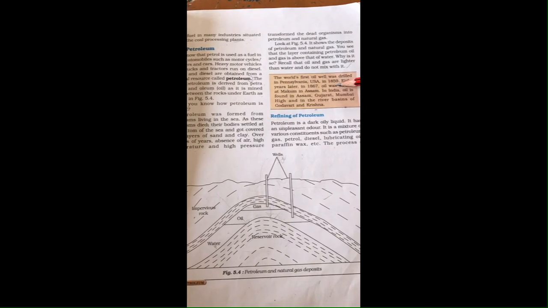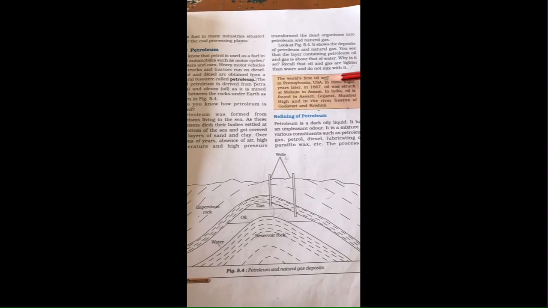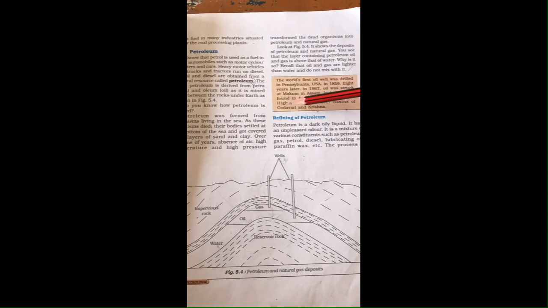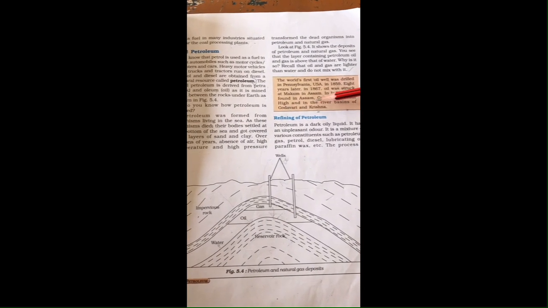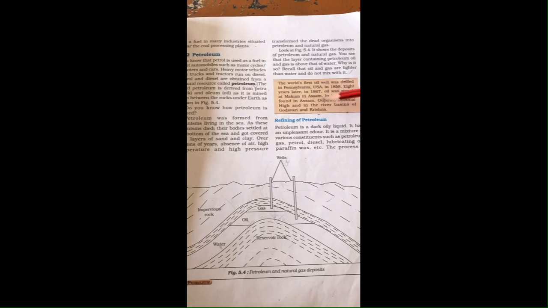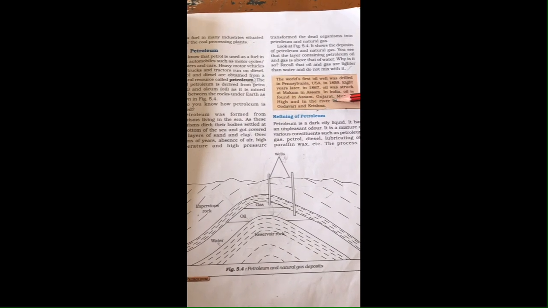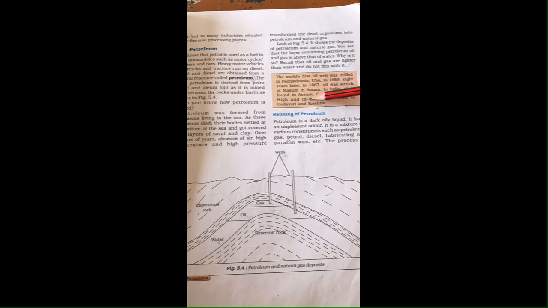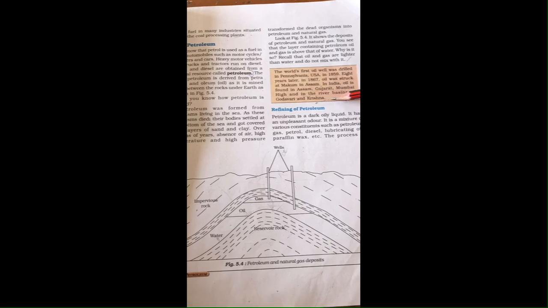Eight years later, in 1867, oil was struck at Makum in Assam. In India, oil is found in Assam, Gujarat, Mumbai High, and in the river basins of the Godavari and Krishna. So these are certain regions in India where we can drill wells for oil.